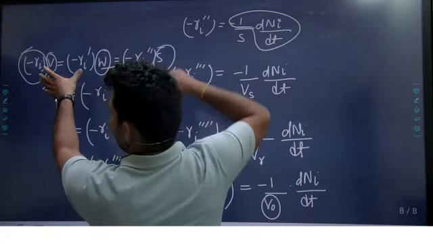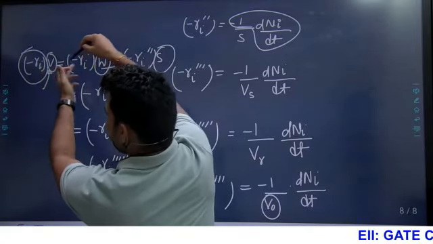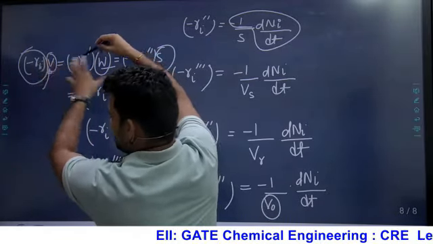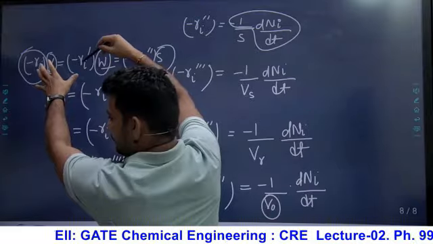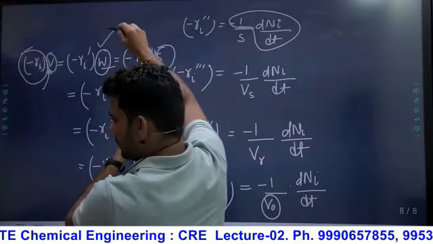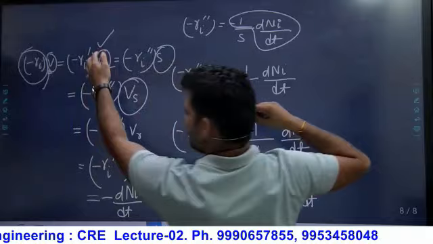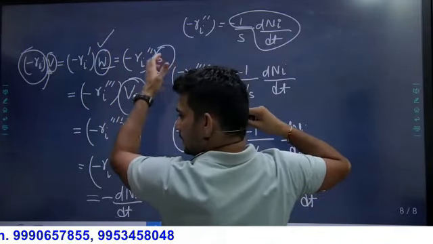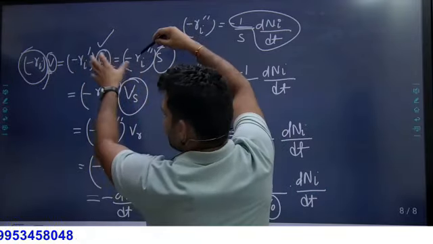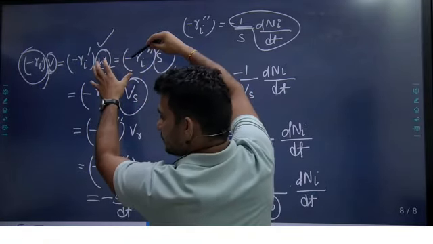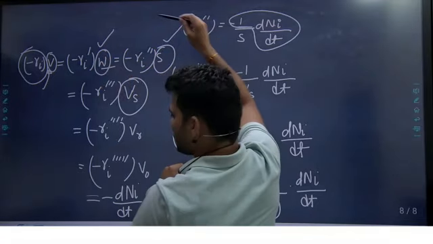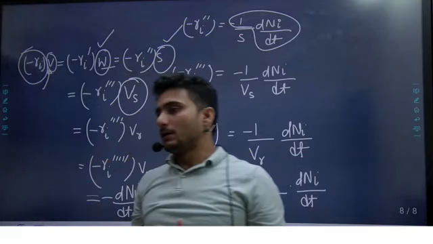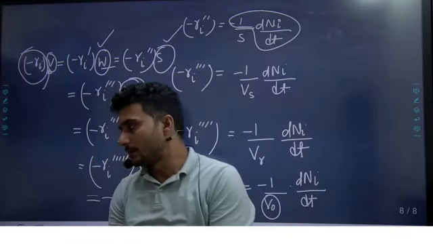Minus Ri into V equals minus Ri prime into W, which equals minus Ri double prime into S. When you equate, three quantities will be known to you and you will find the unknown. Simple.